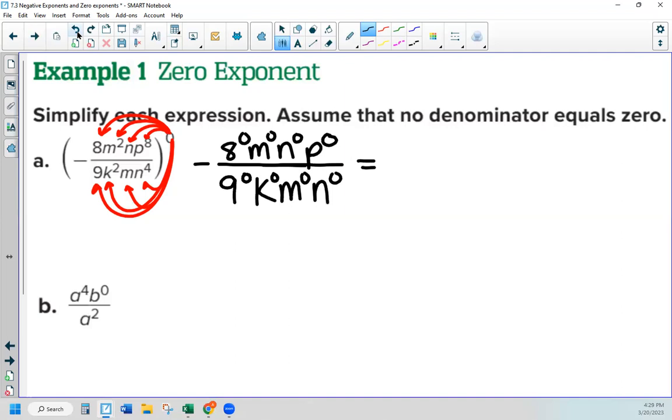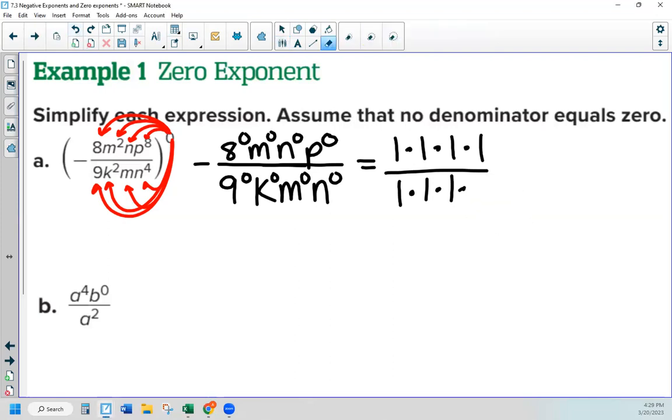It's going to look like a 1. The 8 to the power of 0 becomes 1. The m to the power of 0 becomes 1. The n to the power of 0 becomes 1. The p to the power of 0 becomes 1. Divided by 9 to the power of 0, which becomes 1. k to the power of 0 becomes 1. m to the power of 0, 1. n to the power of 0. Whoa, that was the most disgusting one I've ever written. Excuse the one. And there we go.